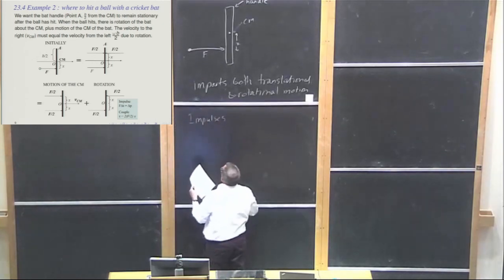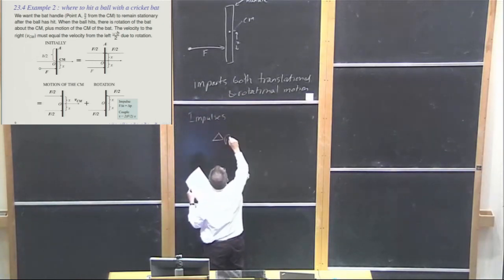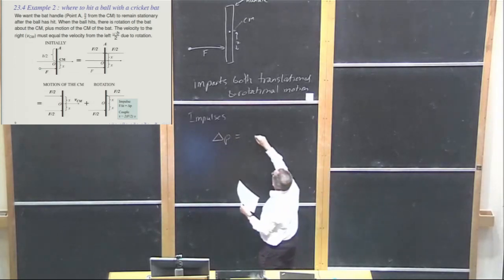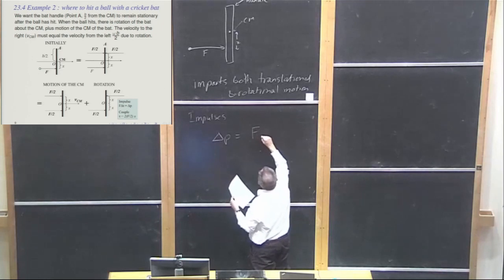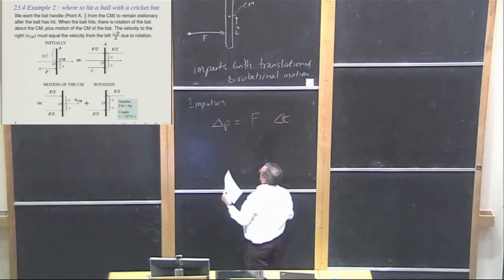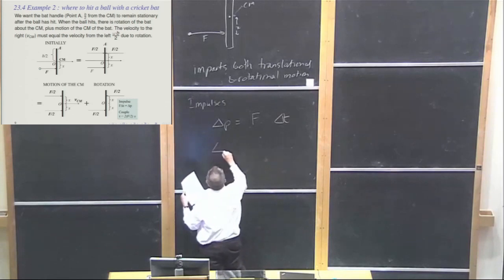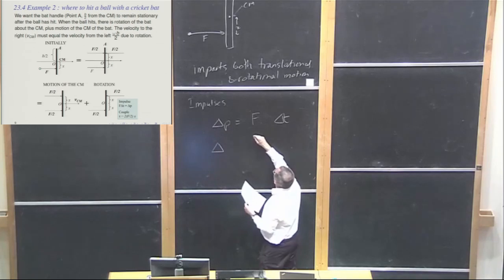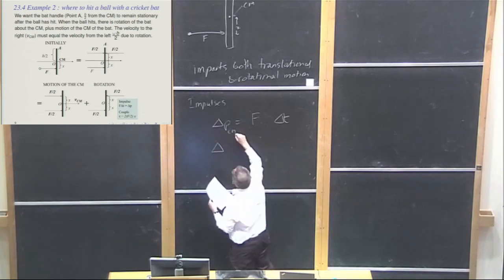The translational change of momentum will be the external force F times the time over which it happens, the impulse on the center of mass of the object.